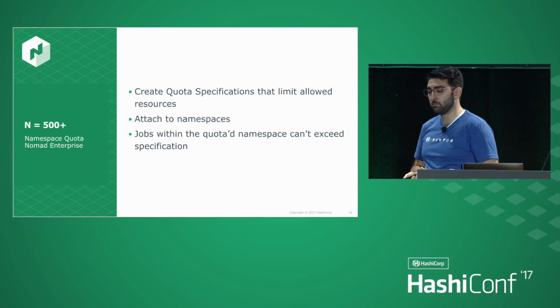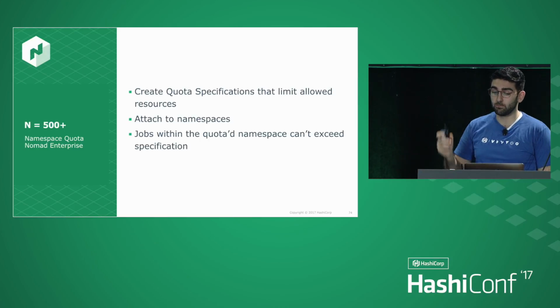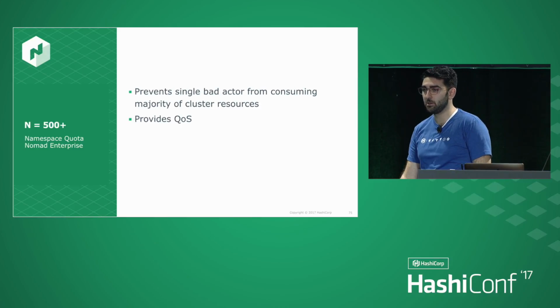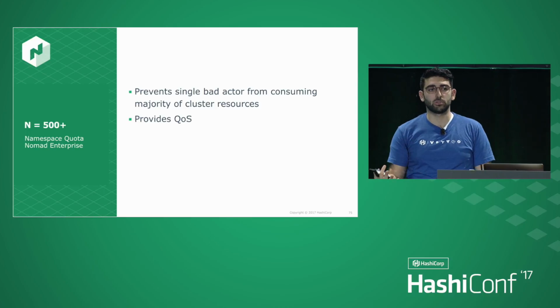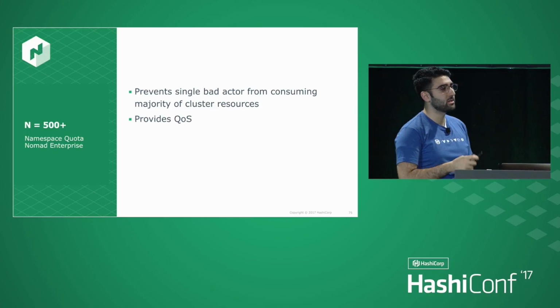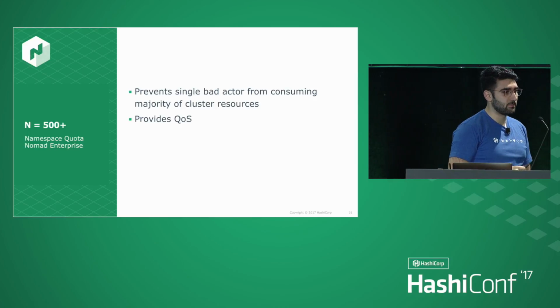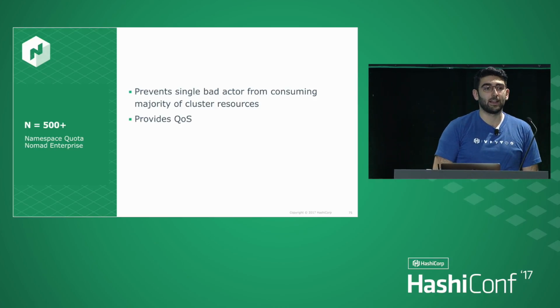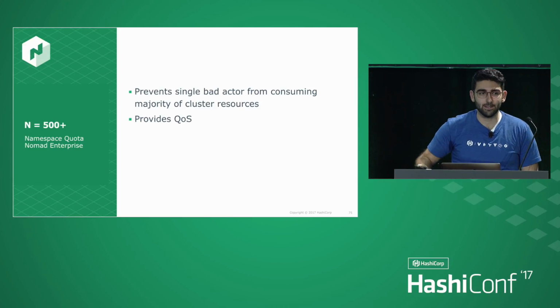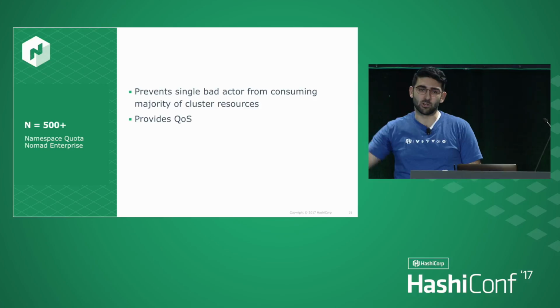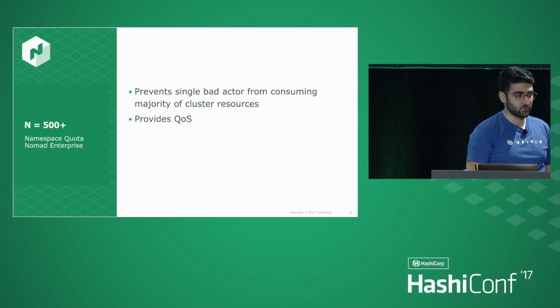So this is important because it allows you to prevent a single bad actor from consuming all the resources of your cluster. You could imagine maybe one job is programmatically creating other Nomad jobs, and they have a bug. And all of a sudden, instead of creating one job per second, they're creating a hot loop of jobs, consuming all the cluster's resources.